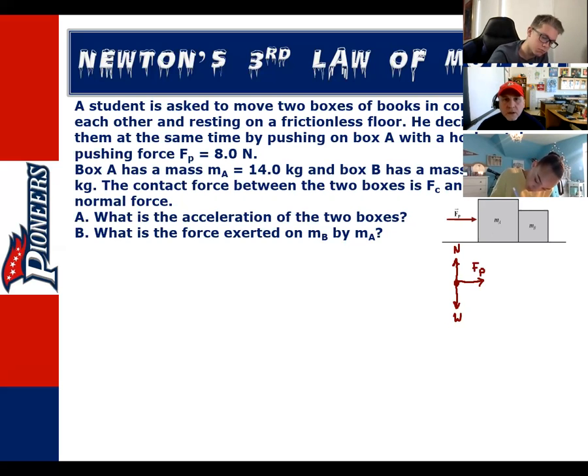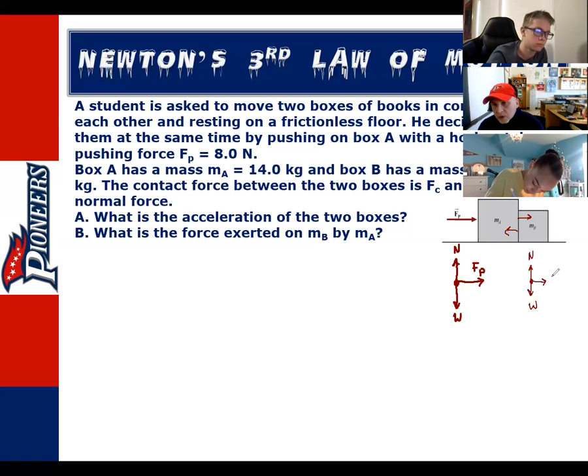Let's make this a little skinnier. So then we come over here, right? It's a smaller box, so it's going to have a smaller normal force. Now, this is the only force that's applied, but box A is pushing on box B, and B is pushing back. This is the Newton's third law pair force that we need to put in.